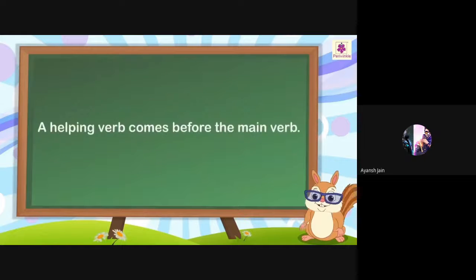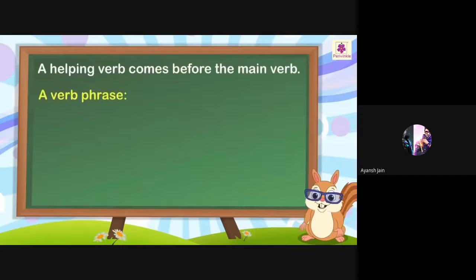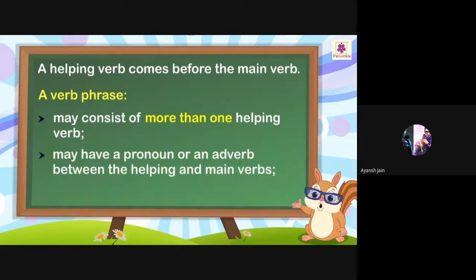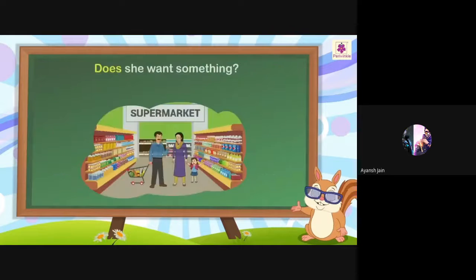Excuse me, ma'am. A helping verb comes before the main verb. A verb phrase may consist of more than one helping verb. A verb phrase may have a pronoun or an adverb between the helping and main verbs. For example, does she want something?